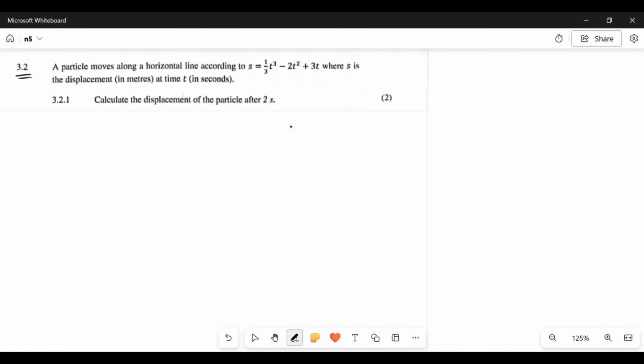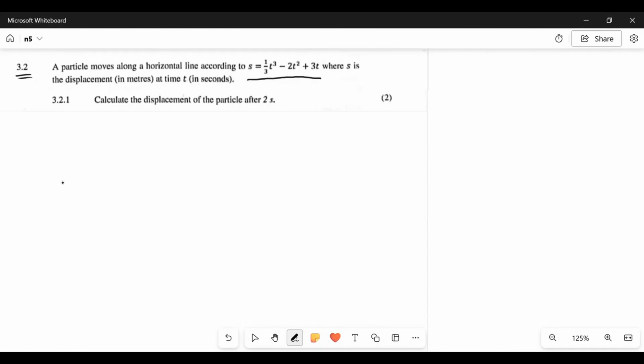So guys, we are given this formula here. This formula is for displacement, s is for displacement, and t is for time in seconds. So the displacement is in meters and time is in seconds. Now this part here is what you call the rate of change. We're going to use this formula to answer the questions that follow.